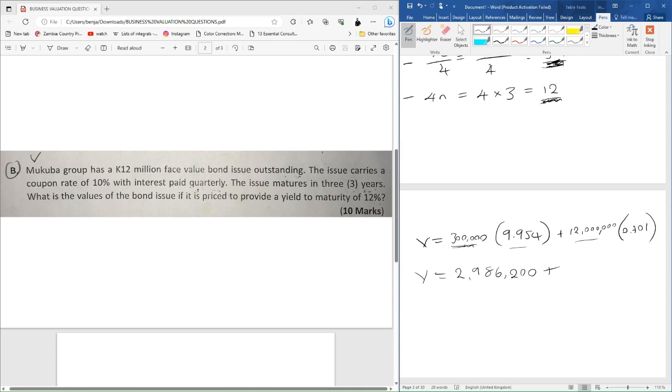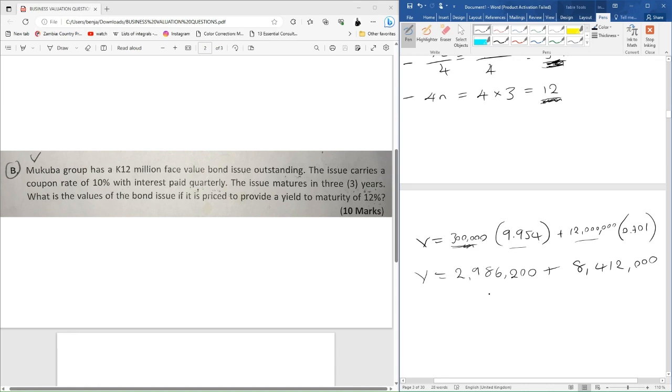That will give us a present value of 8,412,000. So the present value of our maturity value will be 8,412,000. The present value of our annuity payment, which is 300,000 kwacha, will be 2,986,200 kwacha. That will be the present value of our annuity payment of 300,000 kwacha.